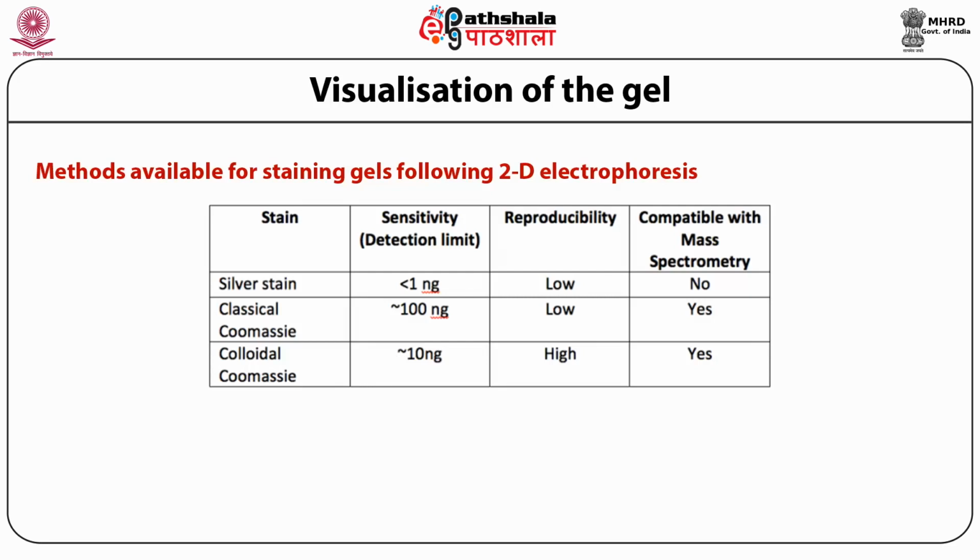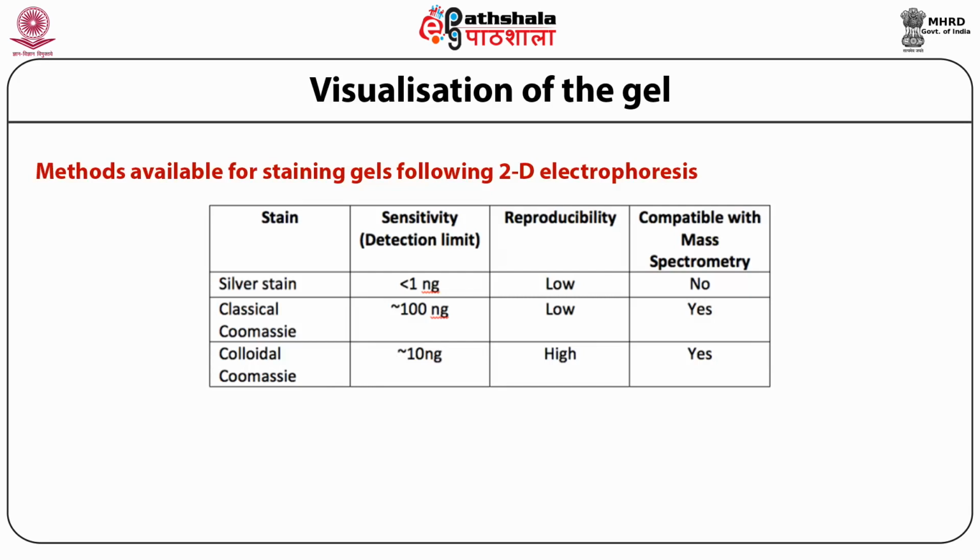While silver stain can detect protein even to the extent of 1 nanogram, classical Coomassie detects protein in the 100 nanogram range, and colloidal Coomassie detects protein in the concentration of 10 nanogram. The disadvantage with silver stain is it requires formaldehyde to develop the spots in the last step, and it is known that formaldehyde has a tendency to cross-link proteins.